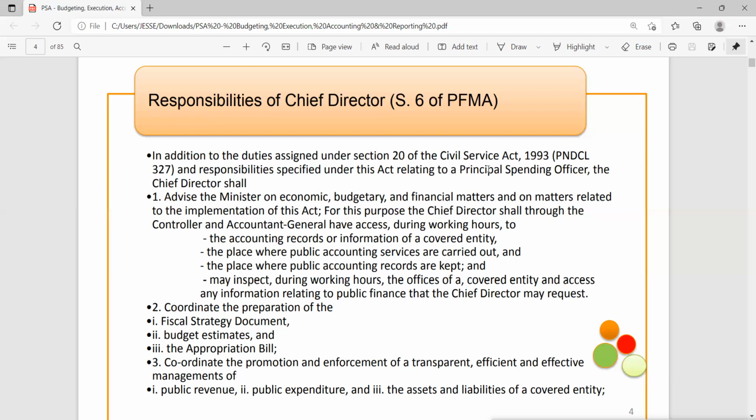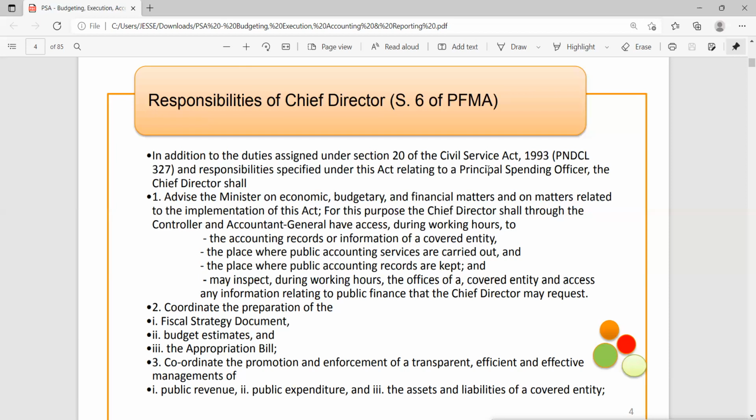The chief director will also coordinate the preparation of the budget estimates, and the preparation of the appropriation bill. So these are 3 things that the chief director does.